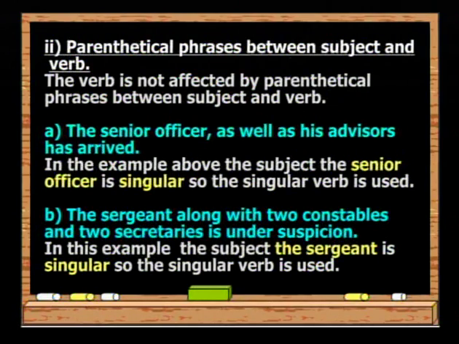In sentence B, the sergeant, along with 2 constables and 2 secretaries, is under suspicion. In this example, the subject, the sergeant, is singular, so the singular verb is used.